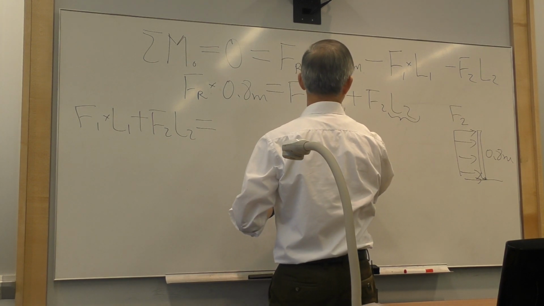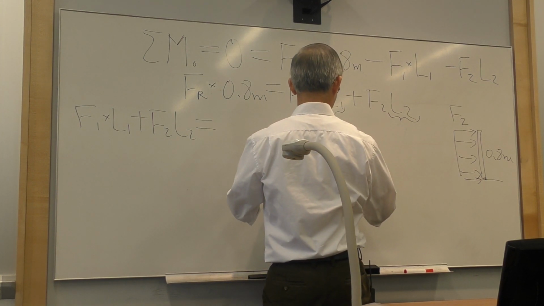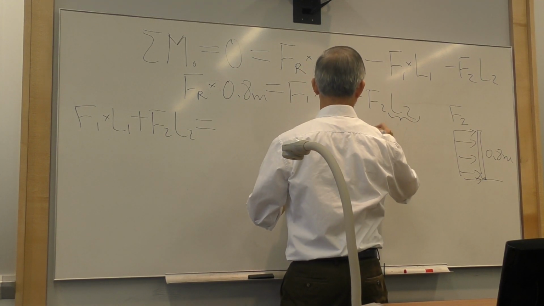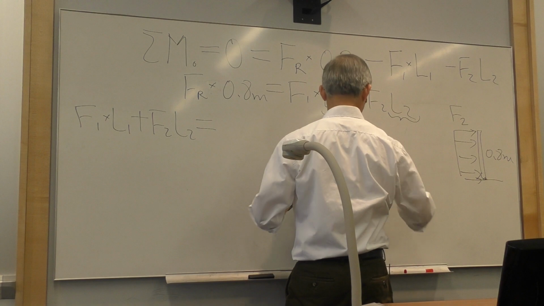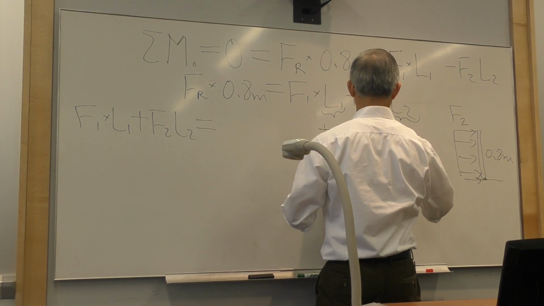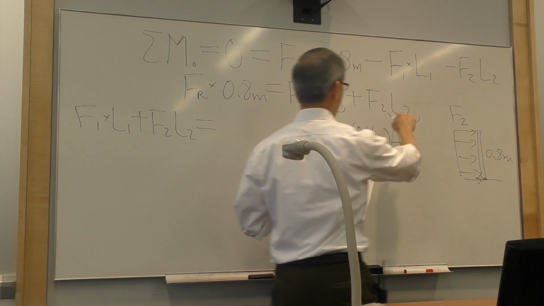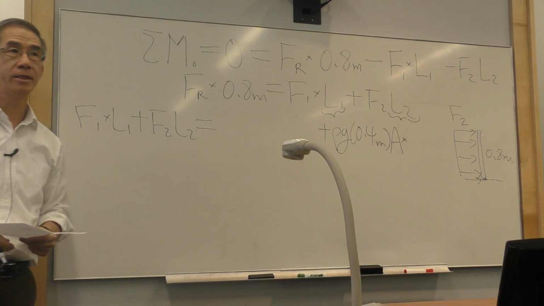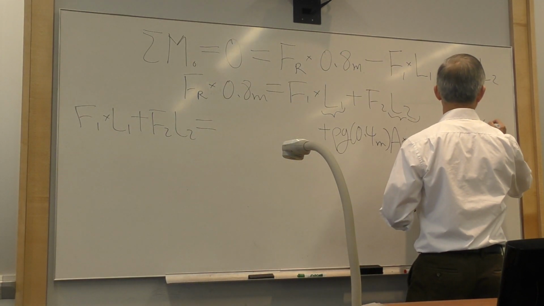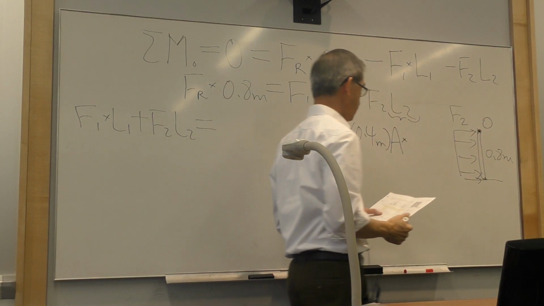So the force is rho g on 4 meter times the area times now a moment arm from the hinge, which is 0.0.